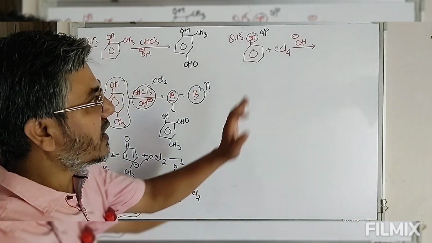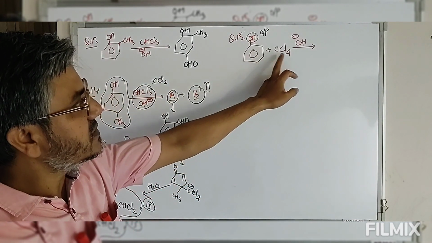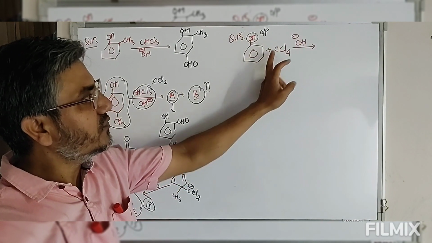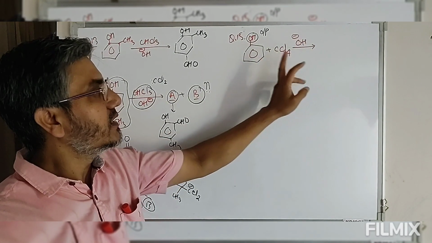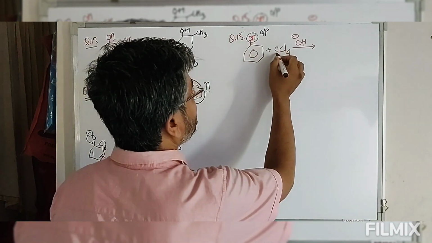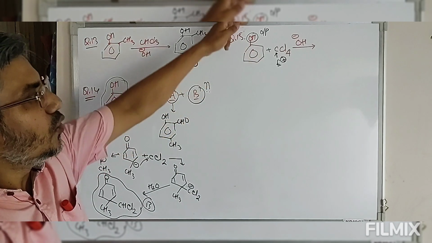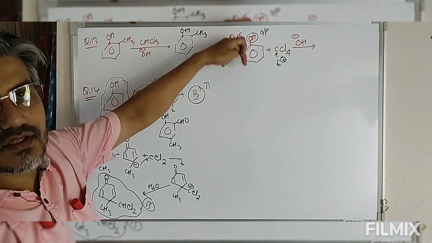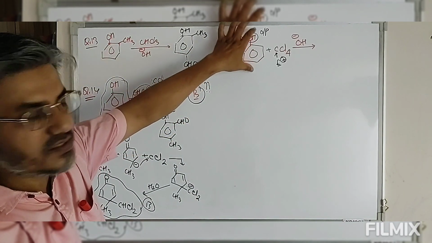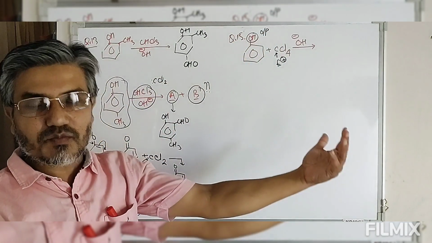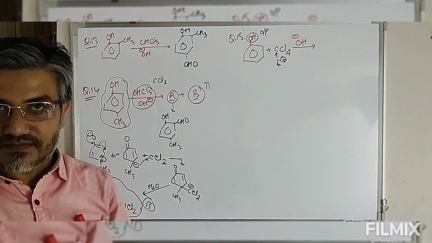In CCl4, carbon is bonded to four strong electron withdrawing groups. Because of electron withdrawal by four Cl, this carbon is an electrophile. The OH group on benzene, being electron releasing, makes it a nucleophile. So this undergoes a nucleophile-electrophile reaction. So this is nothing but an electrophilic substitution reaction.